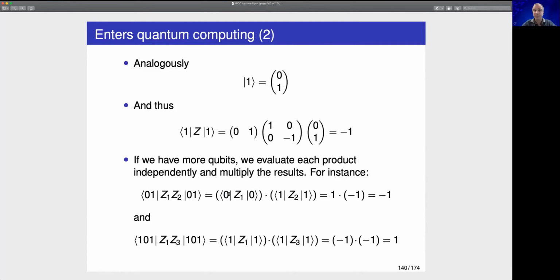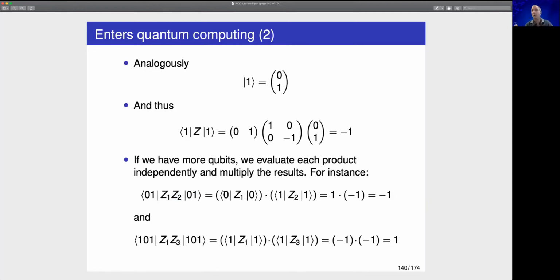So for instance, in this case, since we have a 0, we are going to obtain 1. In this case, since we have a 1, we are going to obtain -1, okay? And the total value of this product here is -1, which is the same as the value that we obtain when we assign vertex 1 to group 0 and vertex 2 to group 1.